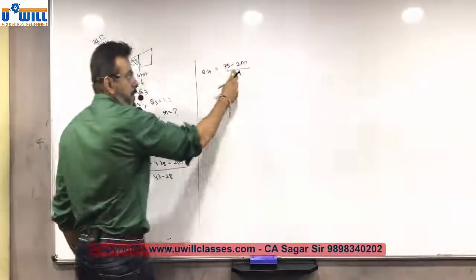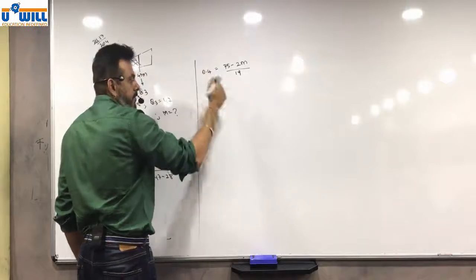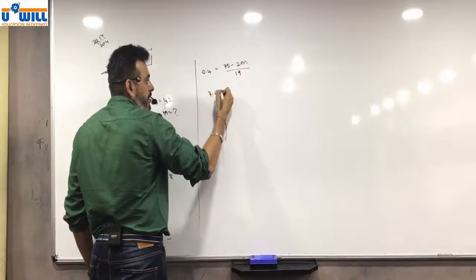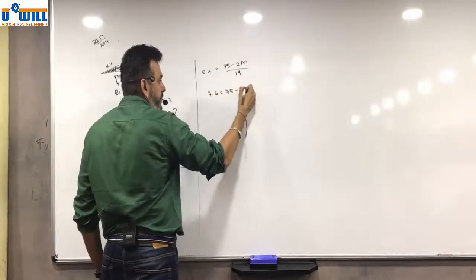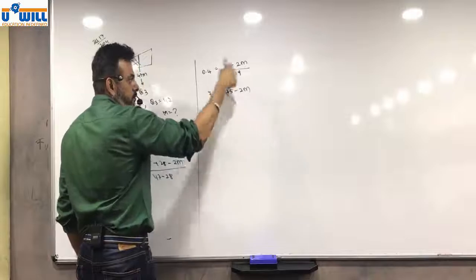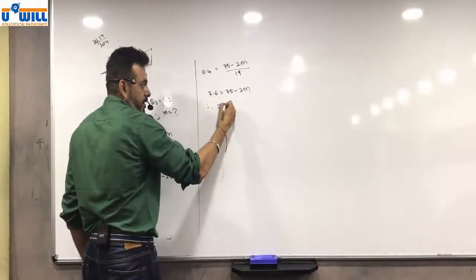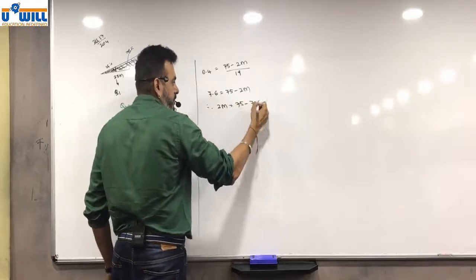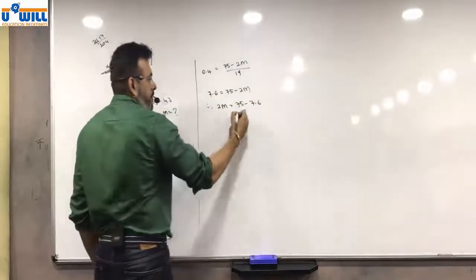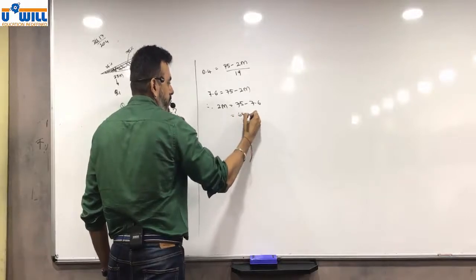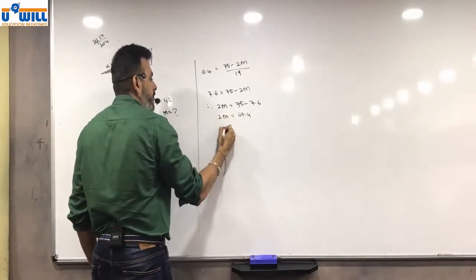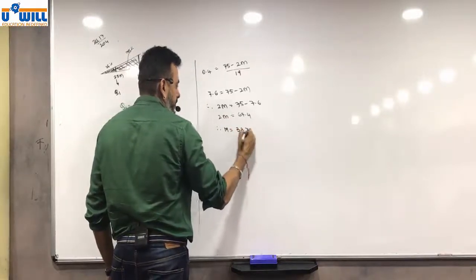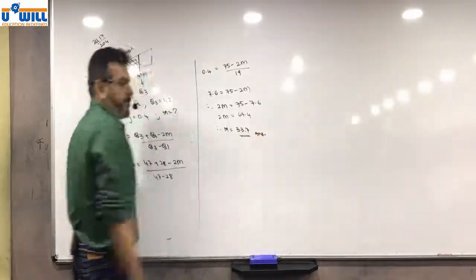What will we do with this? Cross multiply. 19 into 0.4, how much? 7.6 is equal to 75 minus 2m. Therefore this 2m will come here so it will be plus, and 7.6 will come here so it will be minus 67.4. Therefore m is equal to 33.7. Answer.